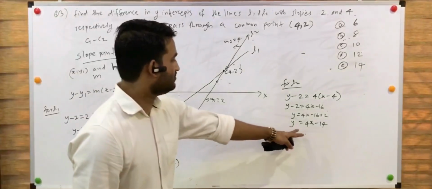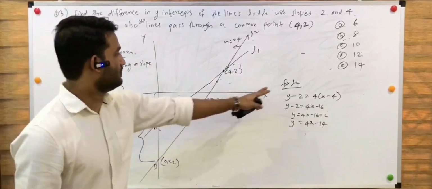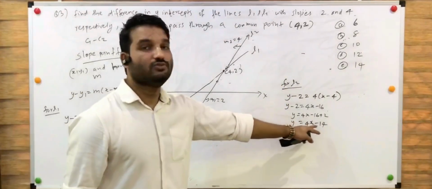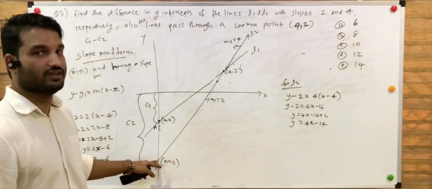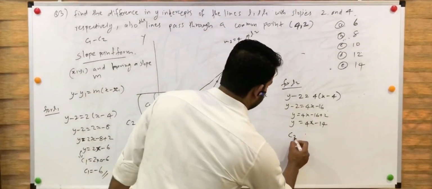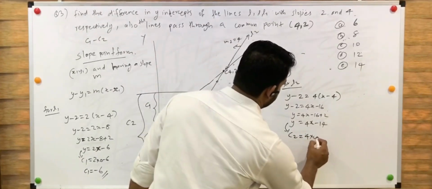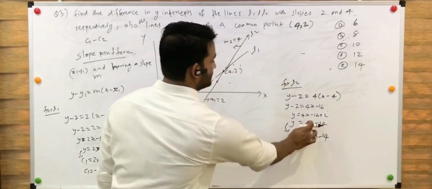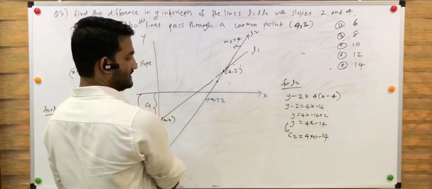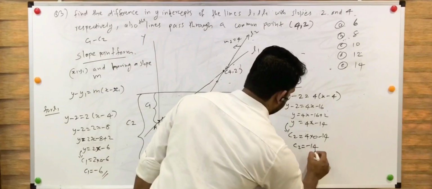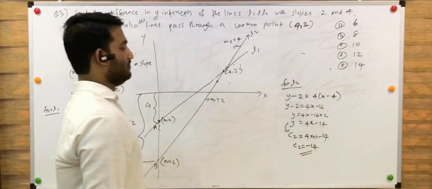Similarly, for the y-intercept of L2, C2, when we substitute y equal to C2, the x coordinate becomes 0 because the line meets the y-axis. So C2 is equal to minus 14.